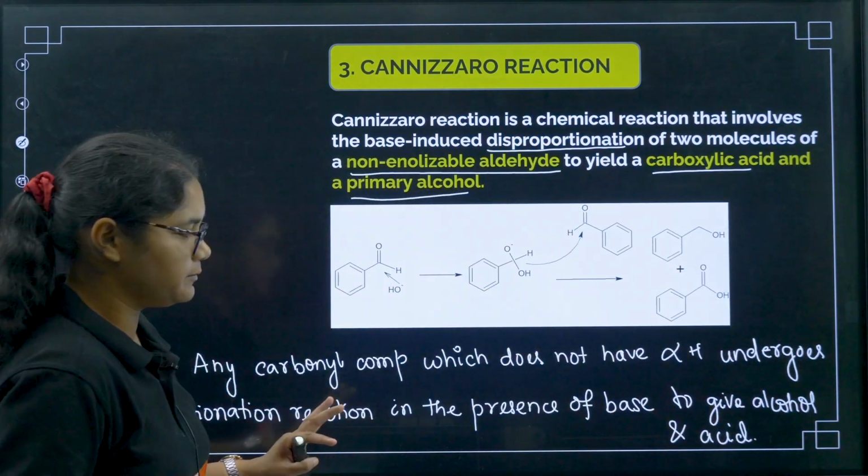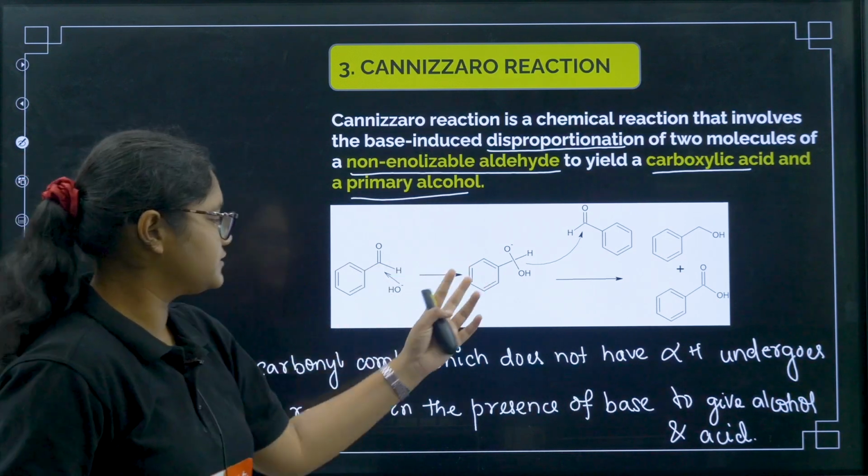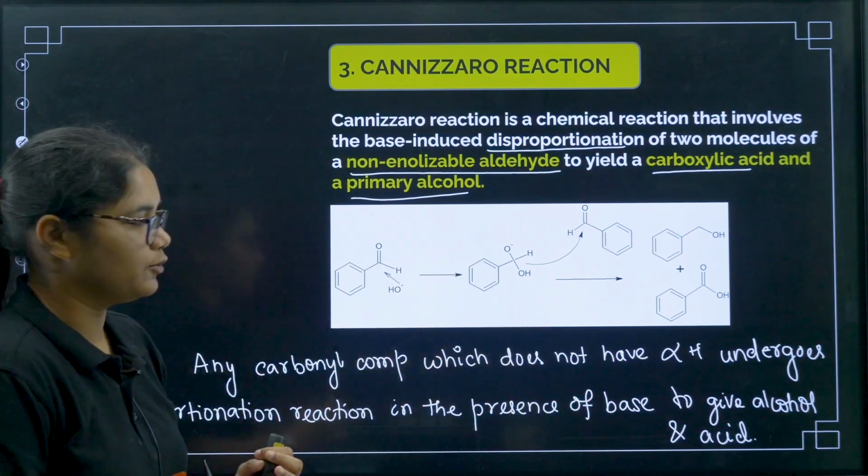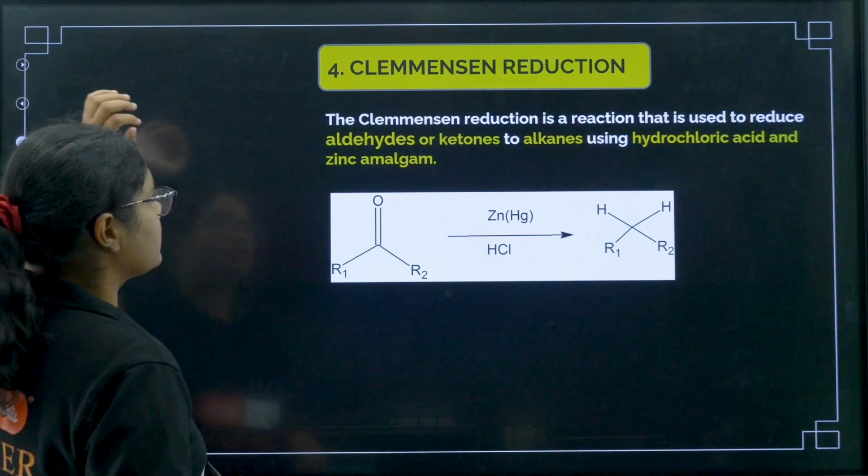I hope this definition will be more simple and easy for you, and you can see the reaction is there. Next we'll go to Clemmensen reduction.